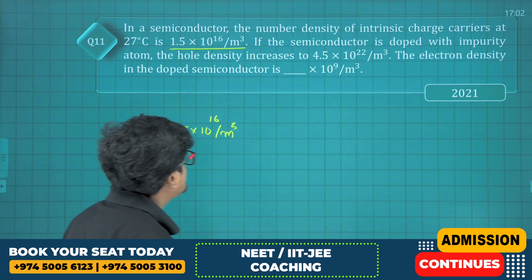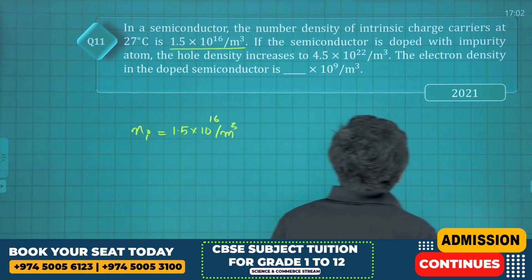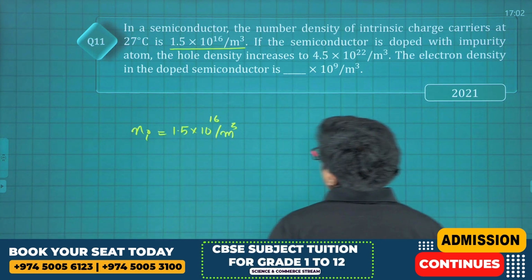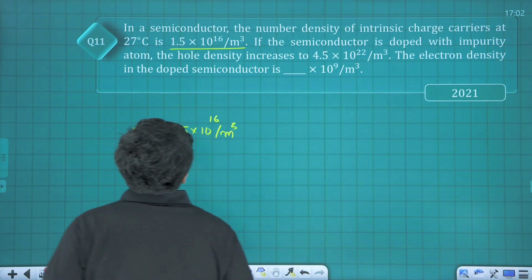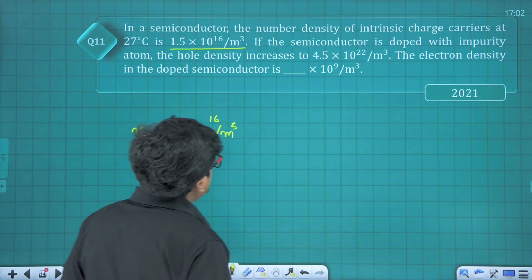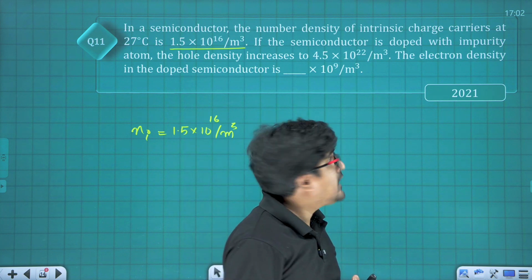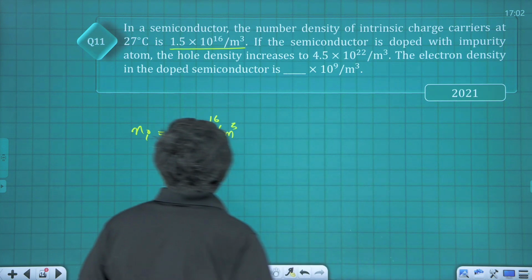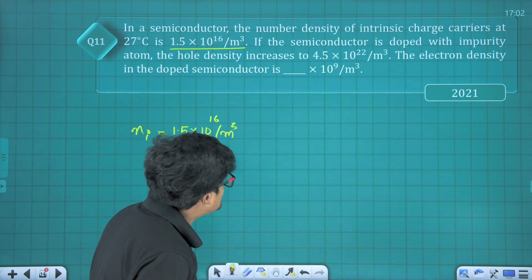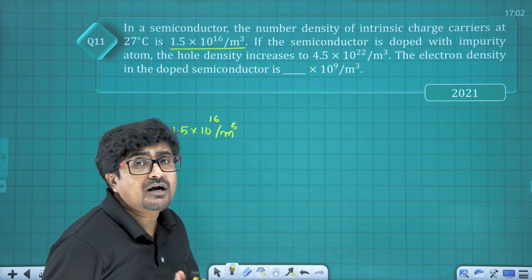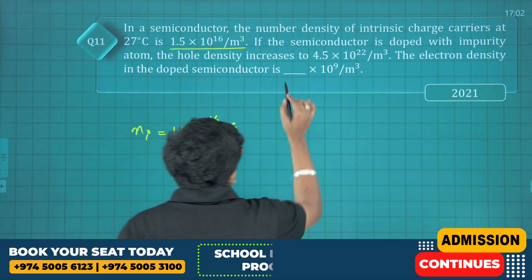If the semiconductor is doped with impurity atoms such that the hole density increases to 4.5 into 10 to power 22, then the electron density in the doped semiconductor is dash times 10 to power 9. Then what could be the perfect value here?